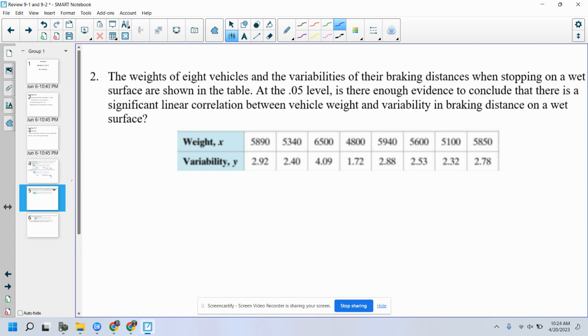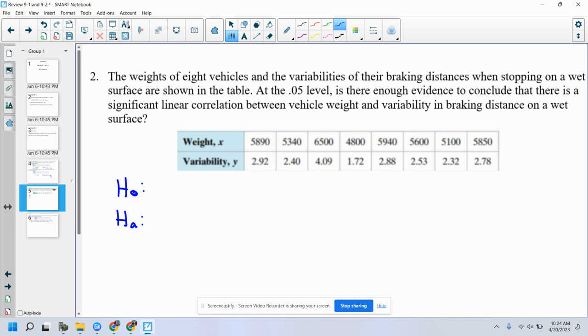All right. Now, if I say that there is a significant linear correlation between weight and variability, what is my null and what is my alternative hypothesis? Do we remember?